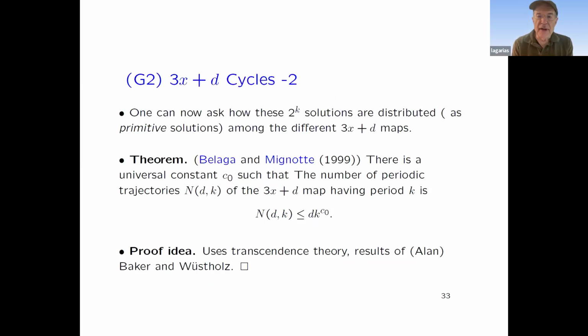You get a bound on cycles. The transcendence theory result applies to give the same bound. I'd like to say that what we can prove in this problem, typically if it can be proved for 3x plus 1, the general results we have can also be made to work for 3x plus d as well. Next slide.